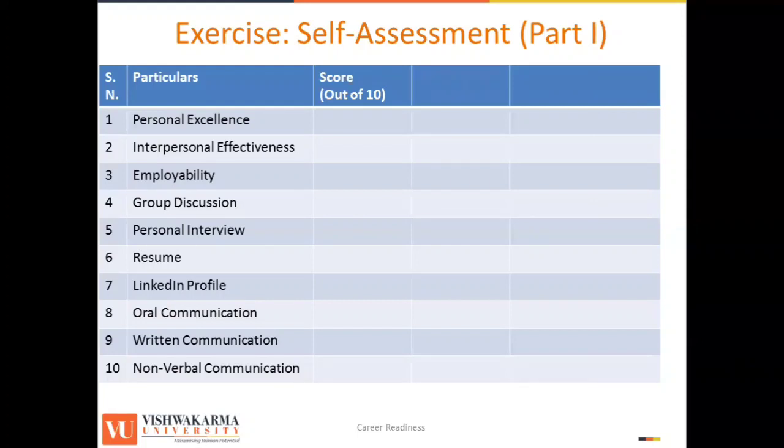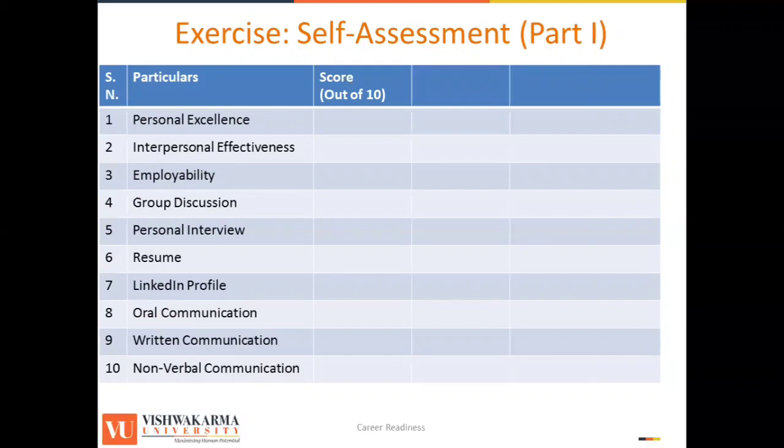then oral communication and written communication, these two separately under verbal communication, and then non-verbal communication. So there are 10 points and max 10 points each, which makes it a 100 points scale. Just for reference, this is not research based or anything like a globally accepted career readiness scale as such.